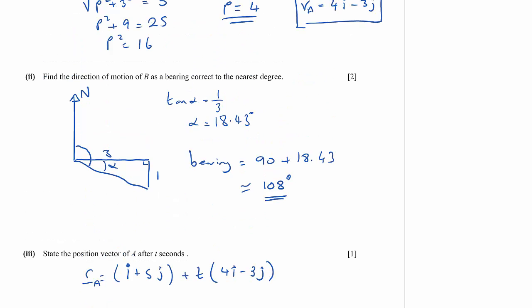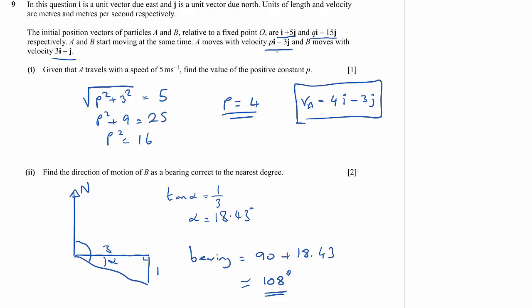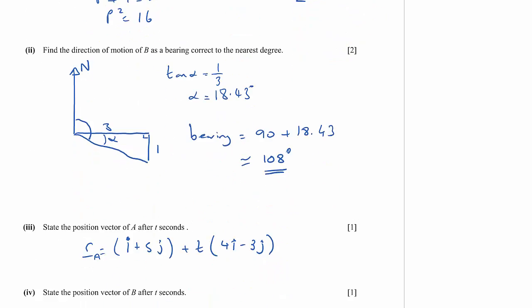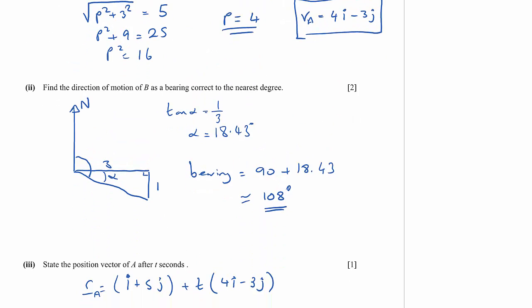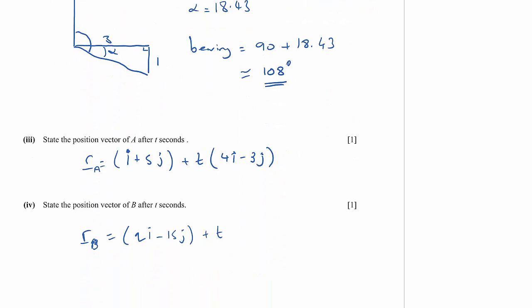So where did B start? Started at qi minus 15j. And then its velocity is this one, isn't it? 3i minus j.